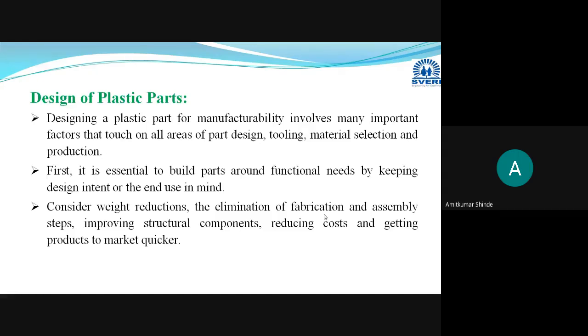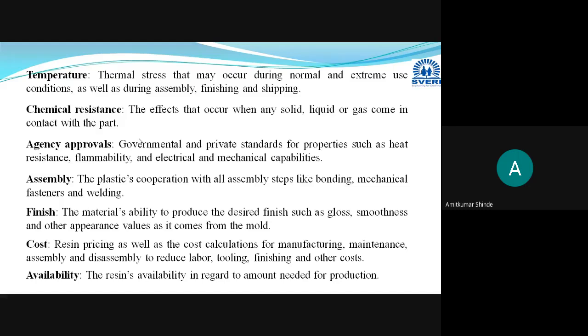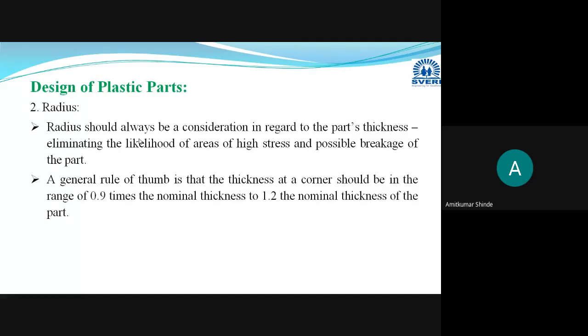These are the broader aspects, and while designing you have to consider the material characteristics initially. That means the properties of the materials related to cost, availability, finishing, assembly, chemical resistance, temperatures, and agency approvals.